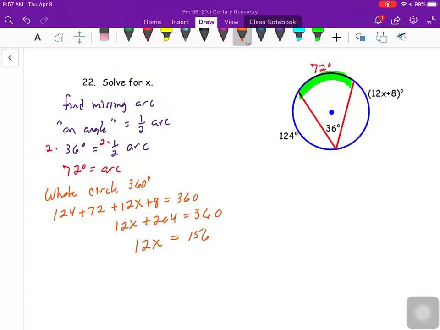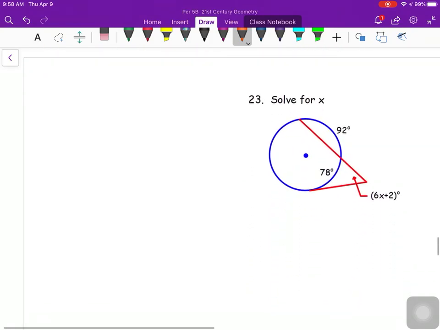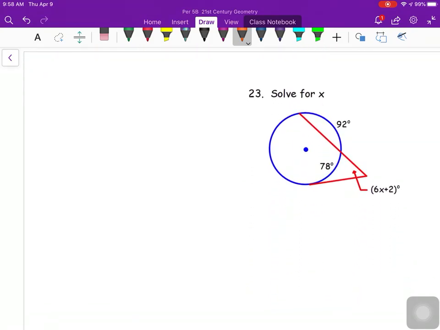We'll subtract 204 on both sides. We get 12x equals 156. Divided by 12, x equals 13.